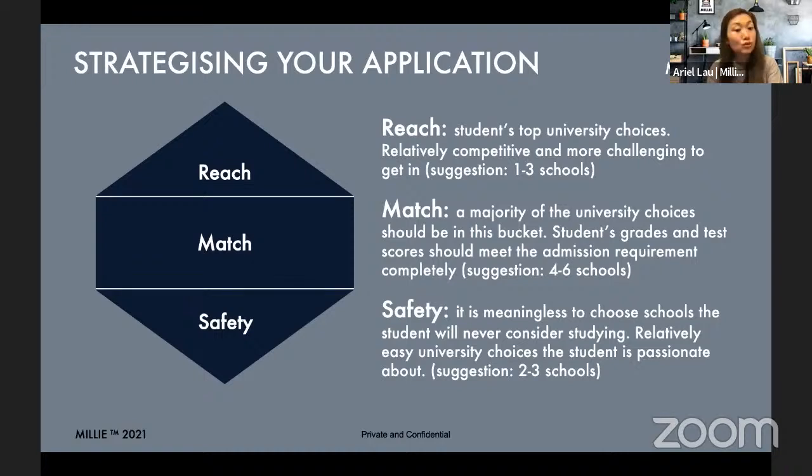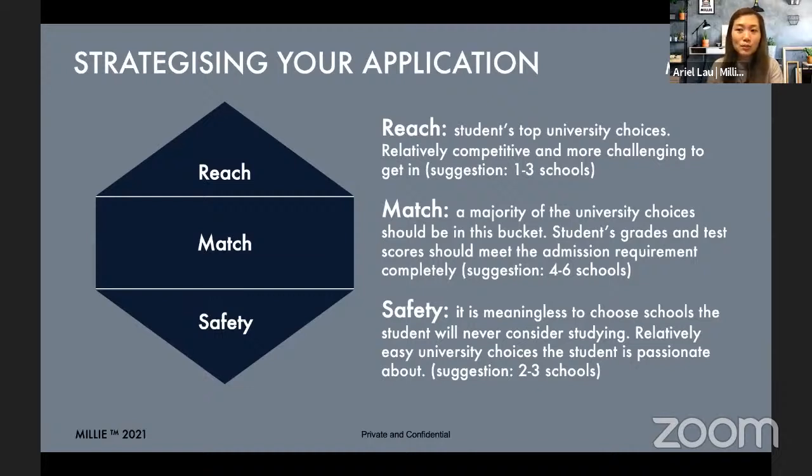Usually I suggest 2 to 3 schools in this category. A lot of the time students randomly put schools in the safety category because they don't want to think about it. But chances are sometimes you really need your safety offers. They end up being the schools that you actually need to attend.